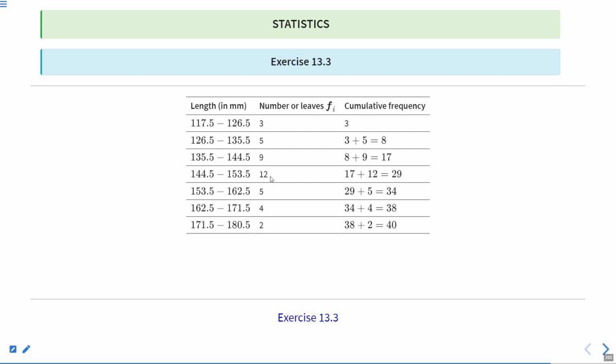Next, the number of leaves is 12 and the cumulative frequency is 17 plus 12, that is 29. Then fi is 5 and the cumulative frequency is 34. Then fi is 4 and the cumulative frequency is 38. Finally fi is 2 and the cumulative frequency is 38 plus 2, that is 40.